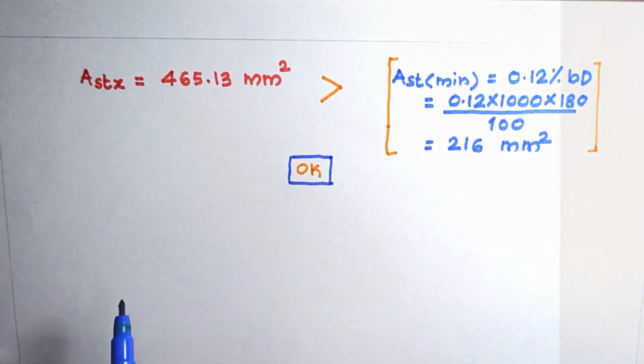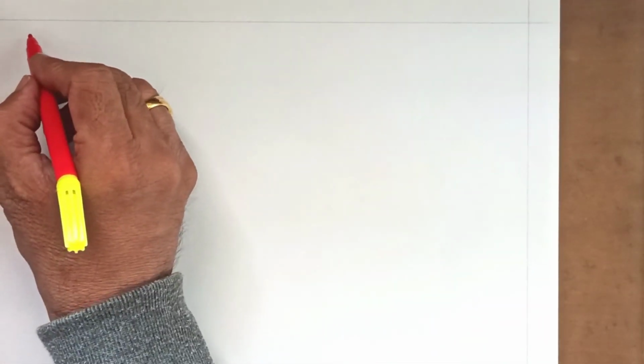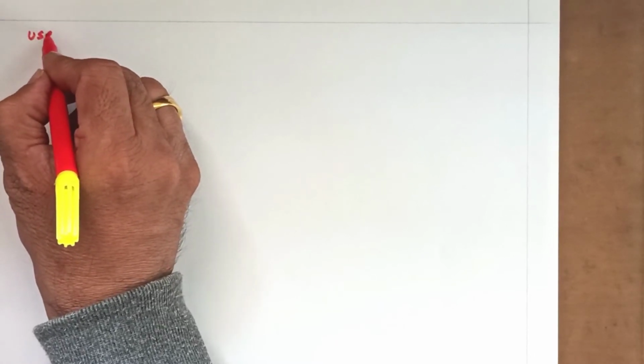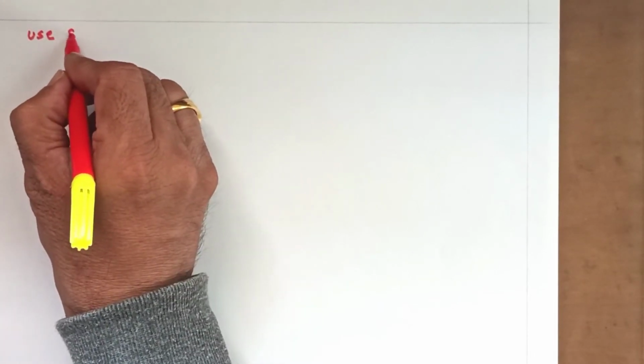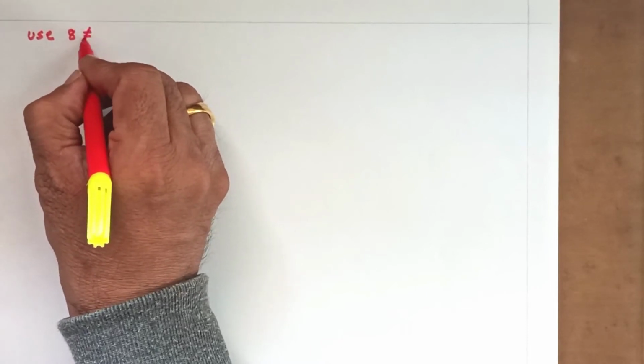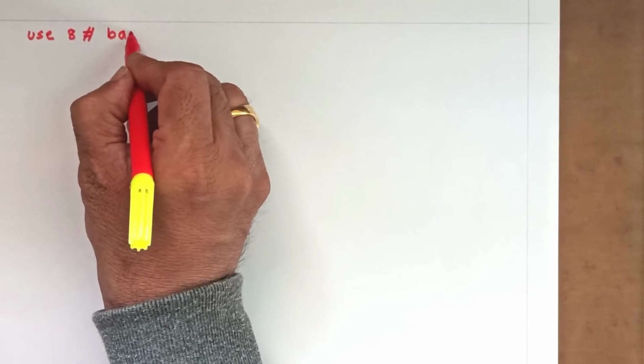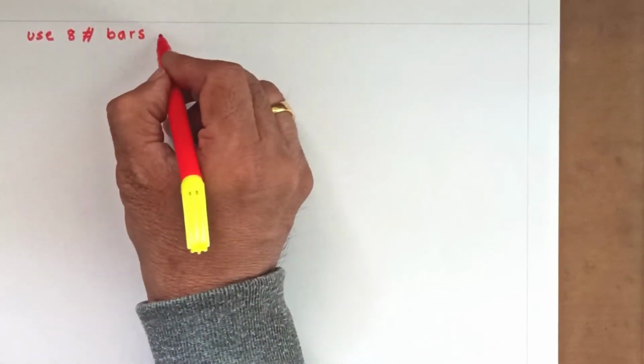Do you follow this? We will calculate the spacing of short span steel. For that purpose, let us say we use 8 Tor bars.